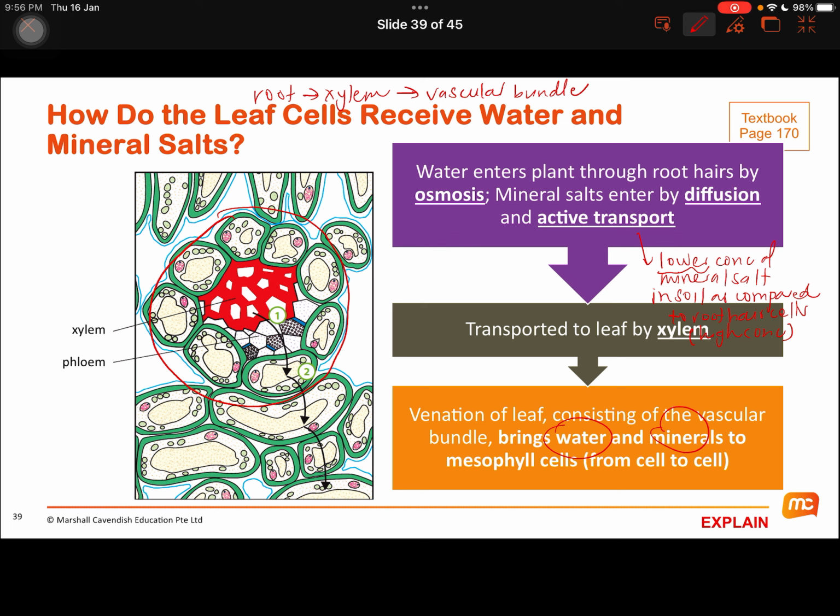So for example, xylem, which contains the highest water potential. Alright, so the water will undergo osmosis to the neighboring cell so that it can use the water for photosynthesis in the leaf.